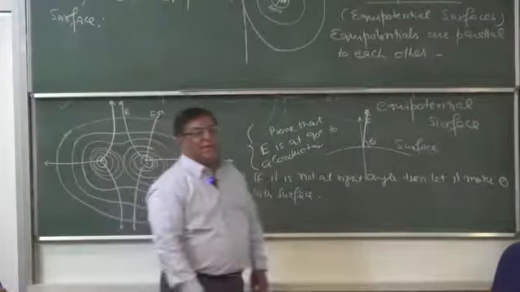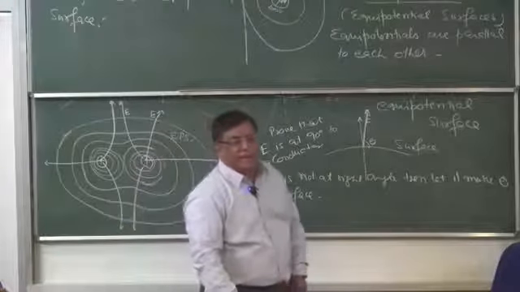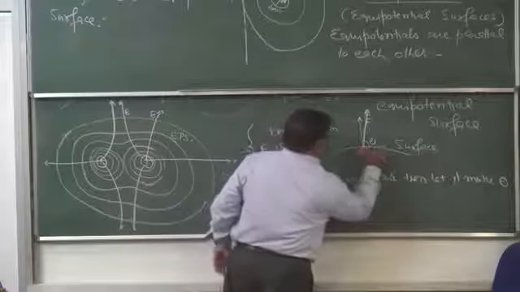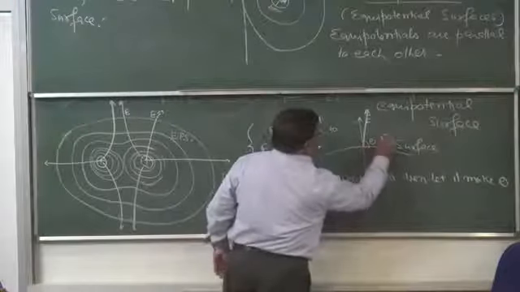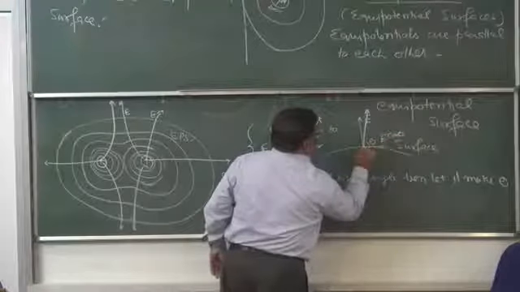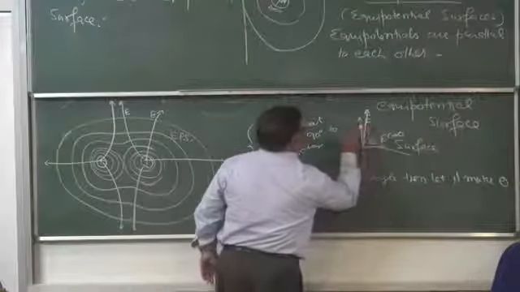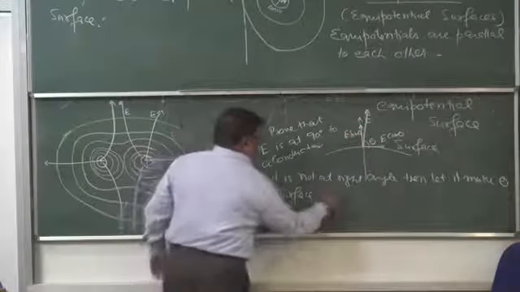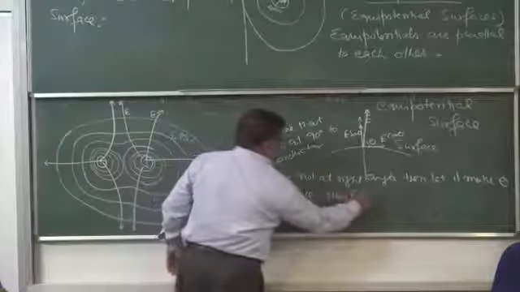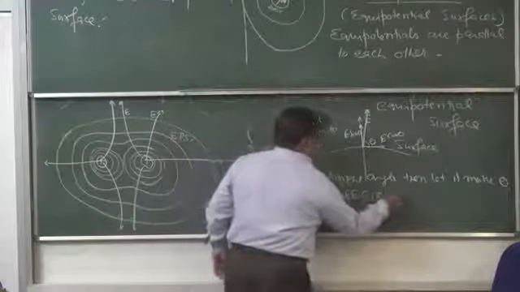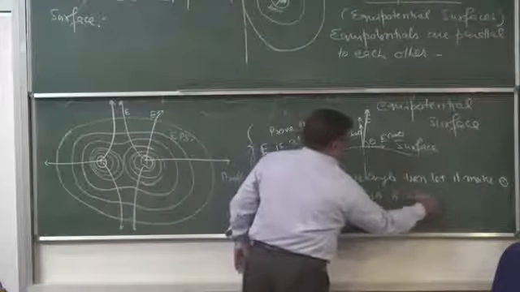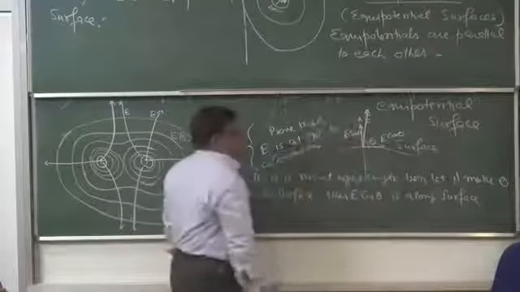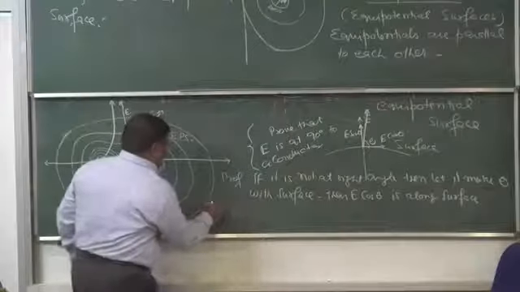हमने सोचा कि इलेक्ट्रिक फील्ड सरफेस के साथ कितना कोण बना रहा है, थीटा. Then it will have two components. One is this component along this surface, that is E cos theta, and one is this, E sin theta. Then E cos theta is along the surface.